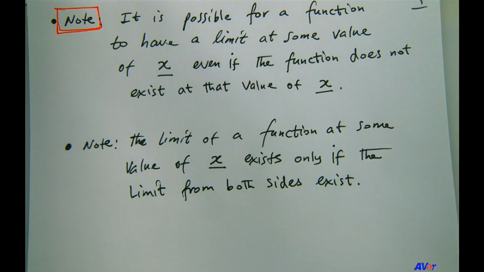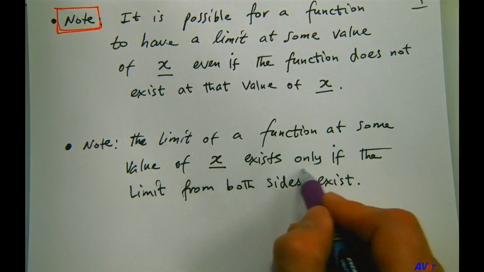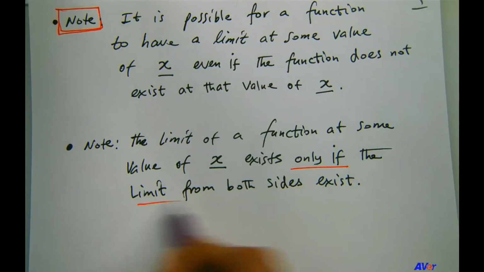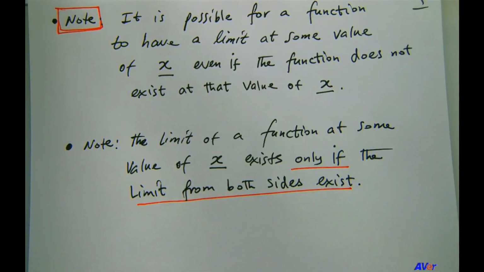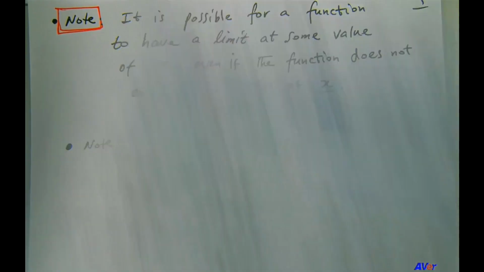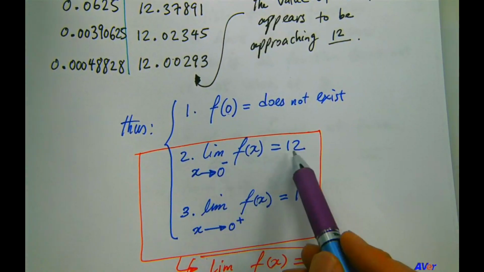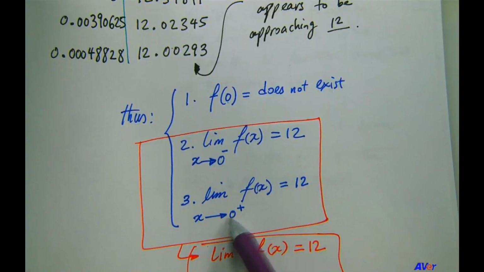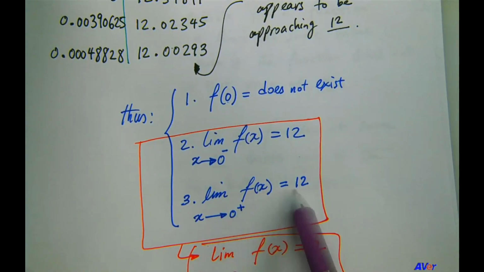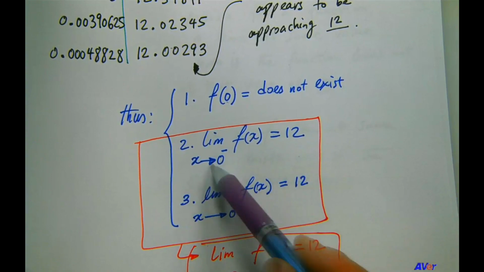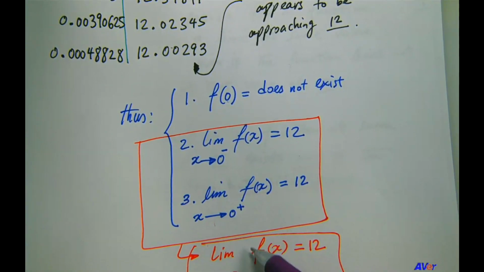okay, very, very important. So the limit of a function at some value of x exists only if the limit from both sides exists. So in this example, if we approached 0 from left and we got, say, 12, but we approached 0 from the right and we got 4, then the function would not have a limit at x as x approaches 0.